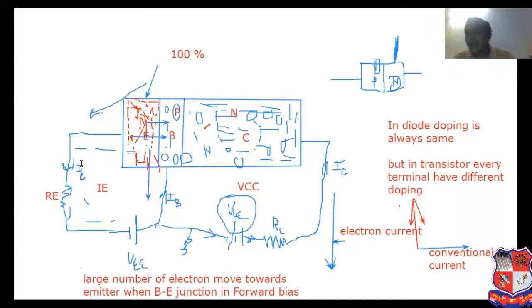So this is the entire explanation of case 1. The base emitter junction is connected in forward bias and the collector base junction is connected in reverse bias.